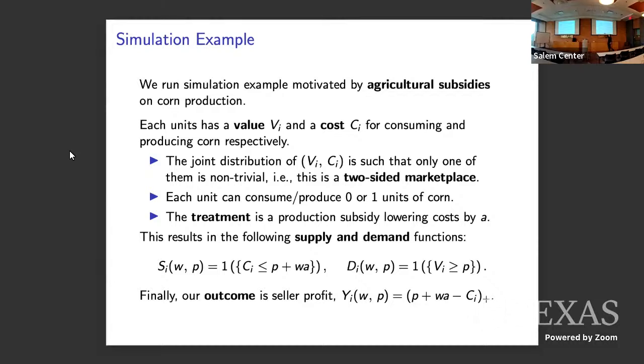So if market prices were P, I would supply 1 unit of corn if my cost is less than P, plus the subsidy if I receive it. Then I look at whether C is less than P plus that. On the other hand, when you buy, you have some value, there's a market price, and you buy if the value is bigger than the market price. It's very simple.